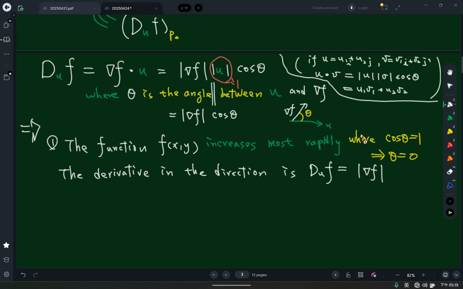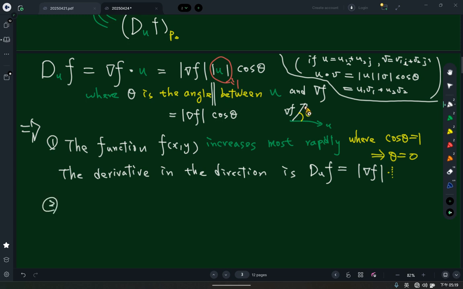There is a hidden 1 here. Actually, it times 1, so we can just hide this 1. So in this direction we can increase most rapidly.